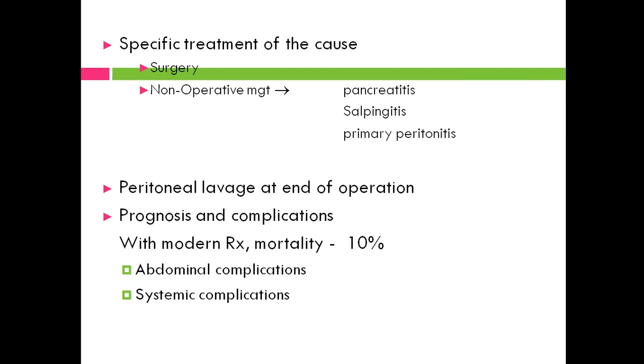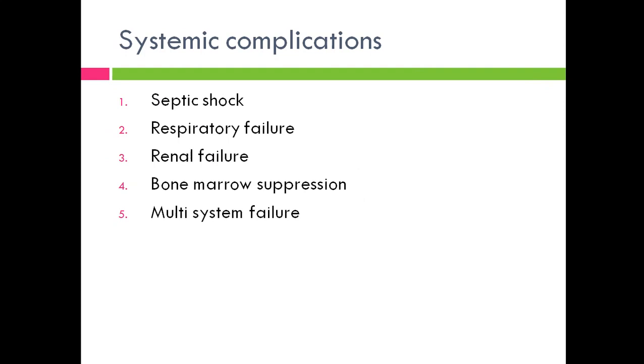Regarding the prognosis and the complications. With the modern treatment, the mortality is only 10%. The patient may go in for a lot of abdominal as well as systemic complications. Most importantly, the systemic complications include septic shock, acute respiratory distress syndrome related to respiratory failure, renal failure, bone marrow suppression, and multi-organ dysfunction.